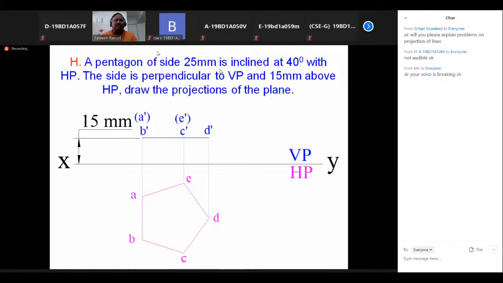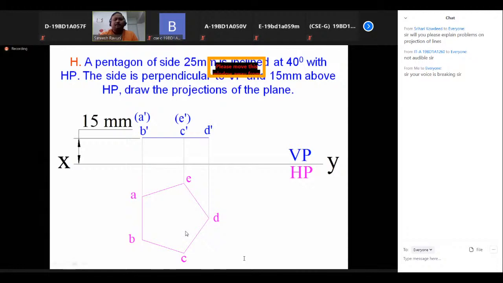For example, a regular pentagon with 25 mm sides is a regular shape, but whenever it is reduced in its shape, we cannot say that it is particularly regular. So that reduced shape we don't know. The known shape is a pentagon with 25 mm sides.